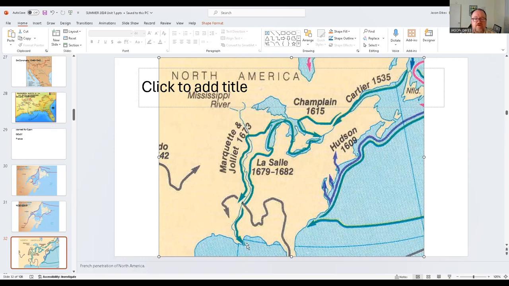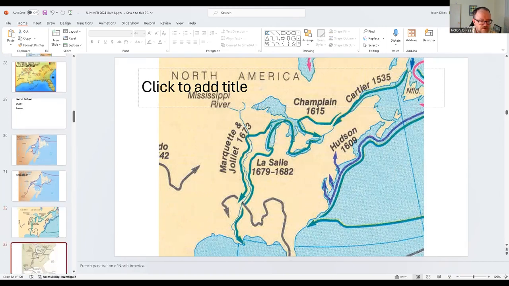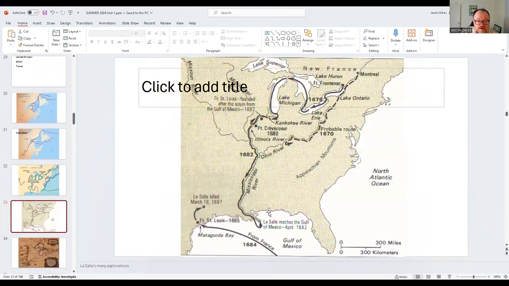Again, wherever a French explorer goes, he's claiming that territory for the French. So there is going to be some conflict between the Spanish and the French over this portion of the country, right? La Salle would also eventually go into Texas where he would be killed.